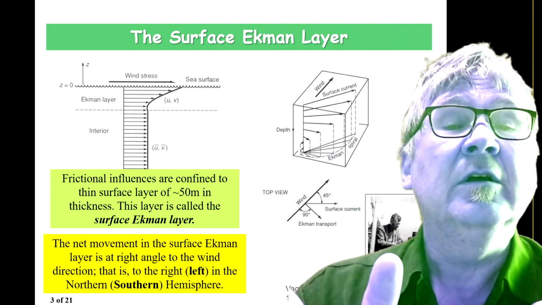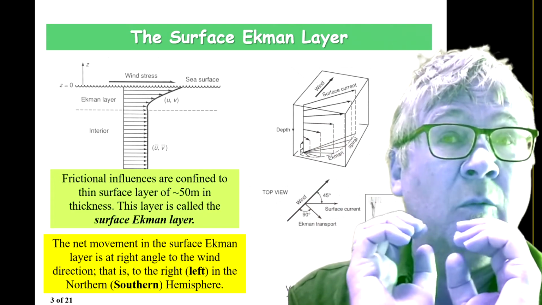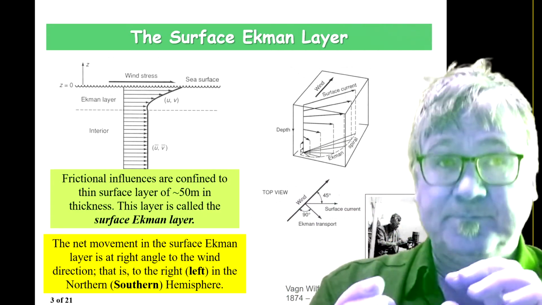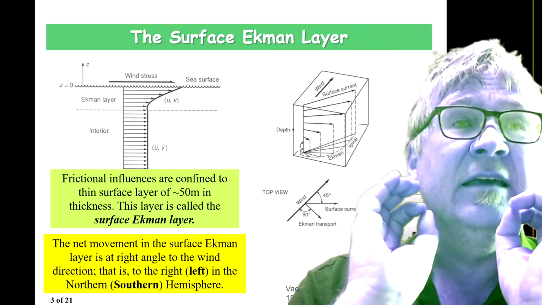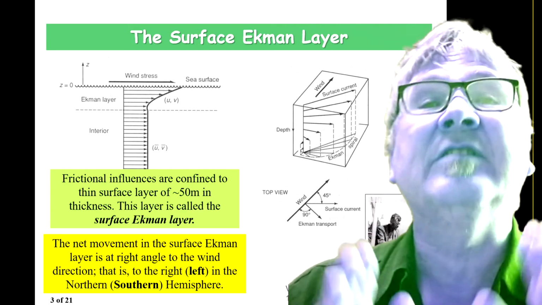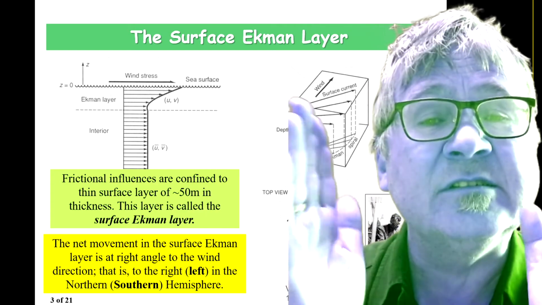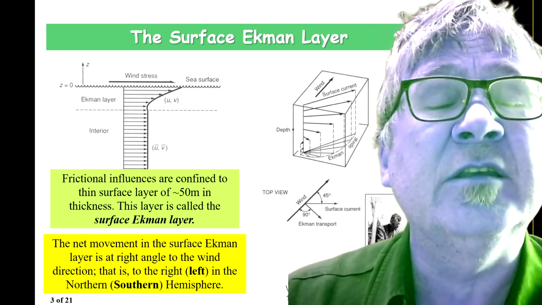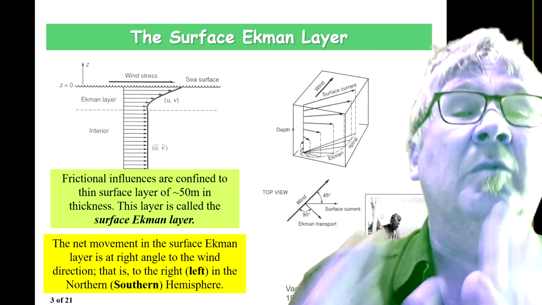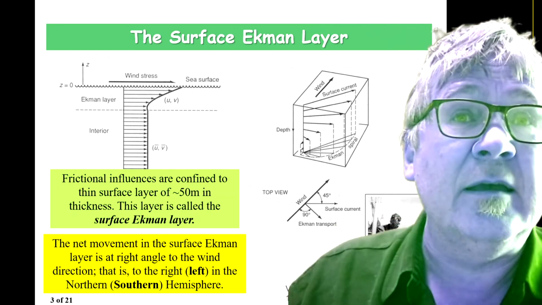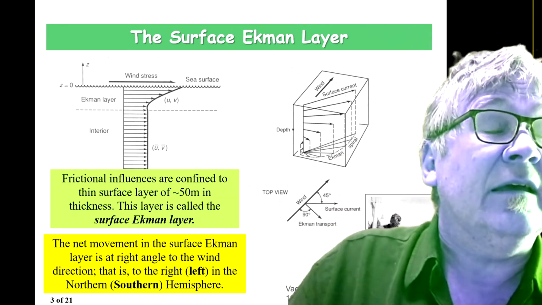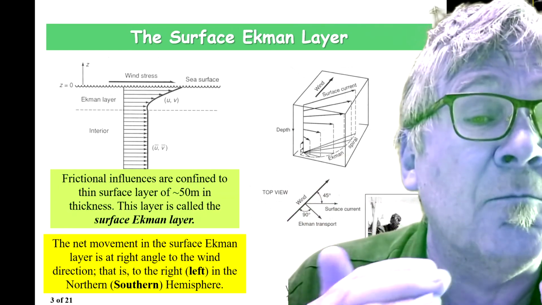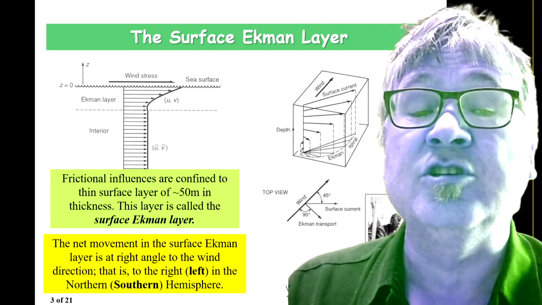What they saw is that the ice drift is not in the direction of the wind. There is a systematic deflection between the direction of the ice and the wind direction, and always to the right. Then Ekman expanded this theory and applied it to the surface layers of the ocean.